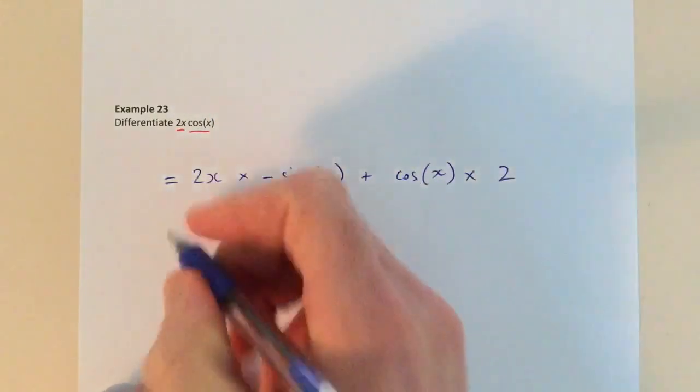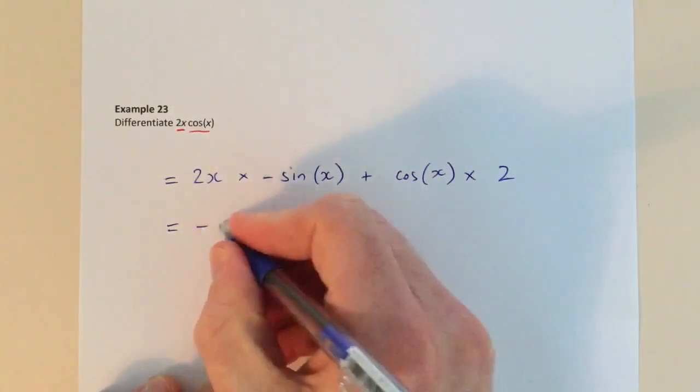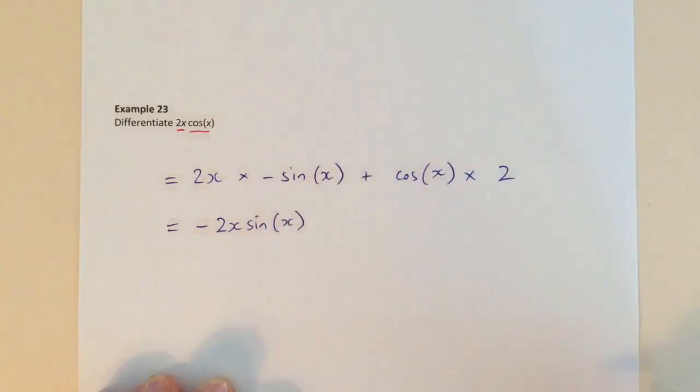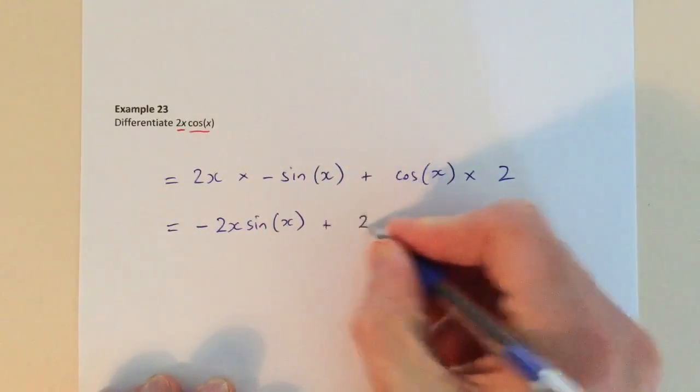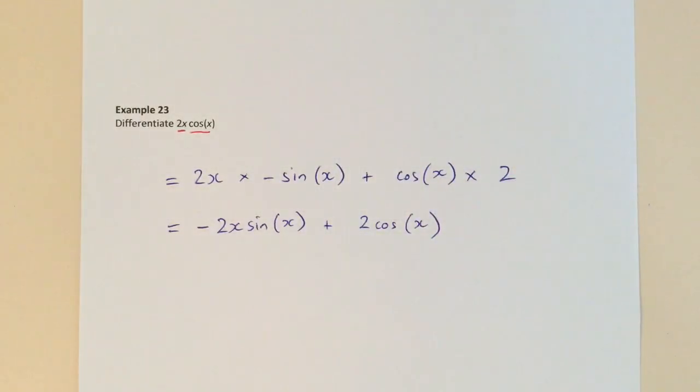Again, then you neaten it up if you can. So our first term is negative 2x sine x plus 2 cos x.